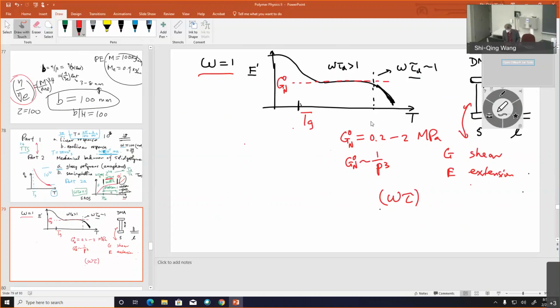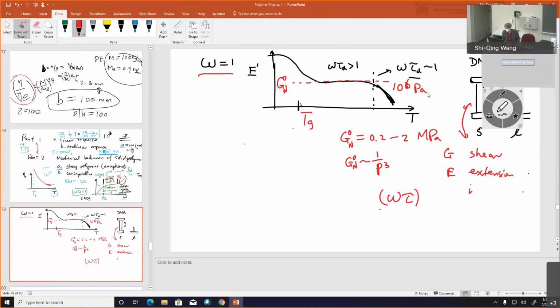Okay, so in your mind, this rubbery plateau is essentially on the order of 1 megapascal, basically 1 million.